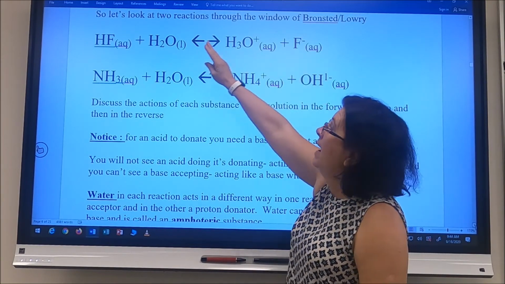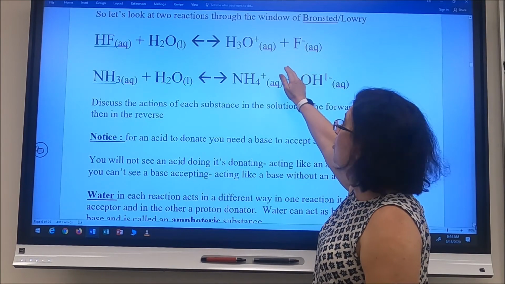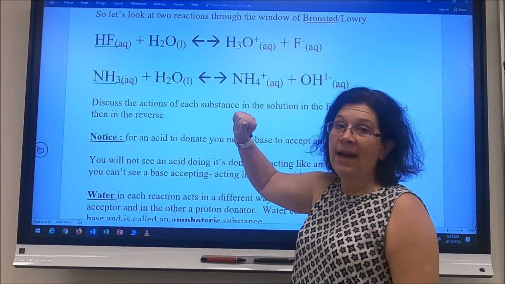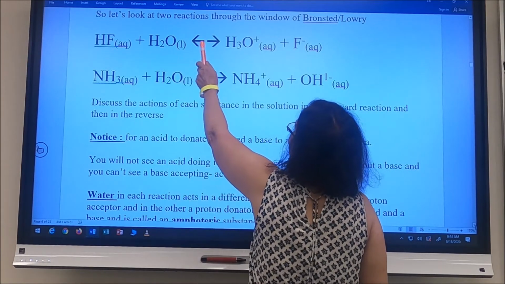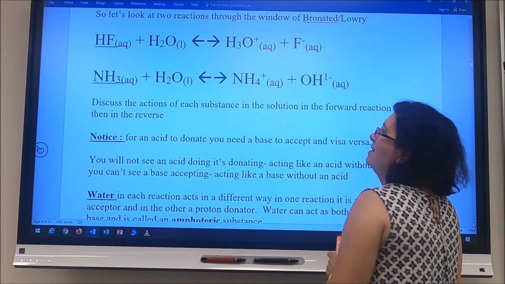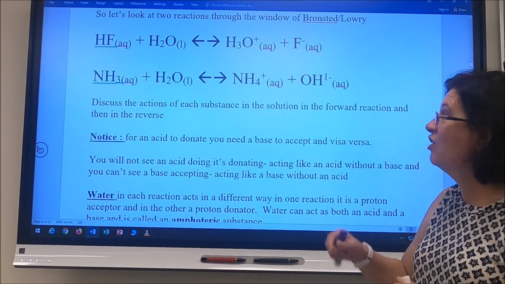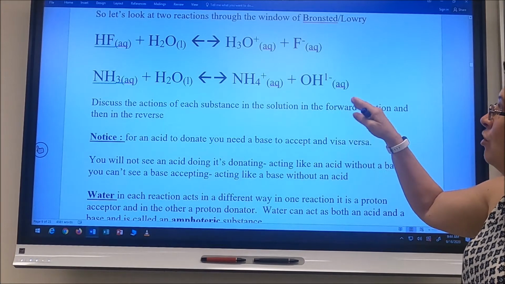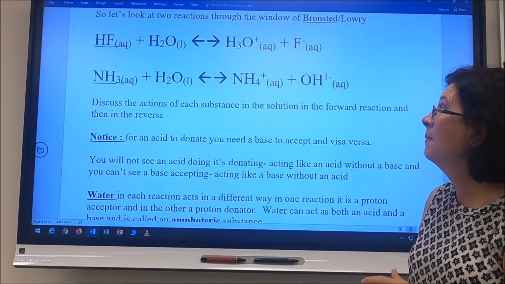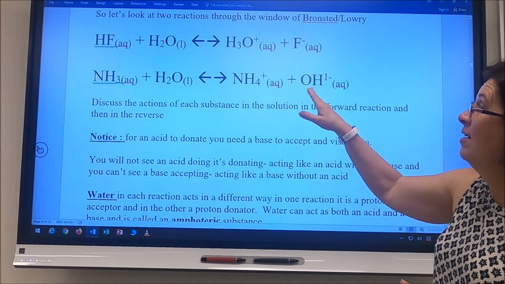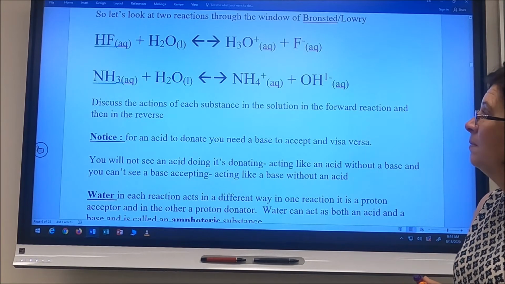For the fluoride ion to go back to being HF, the fluoride ion has to accept a hydrogen ion, and the hydronium ion has to donate. So I have acid, base, acid, base. So in a Bronsted-Lowry acid-base reaction, an acid reacts with a base to give me a new acid and a new base.